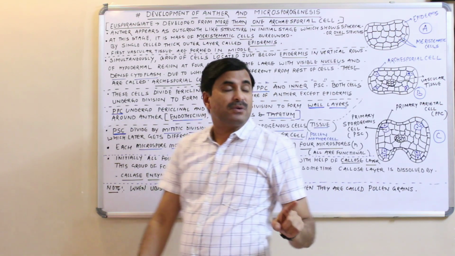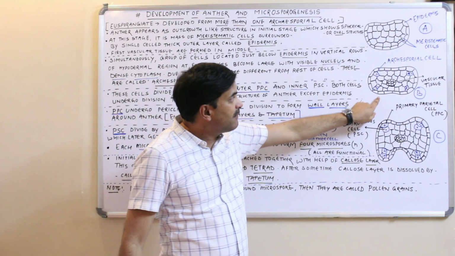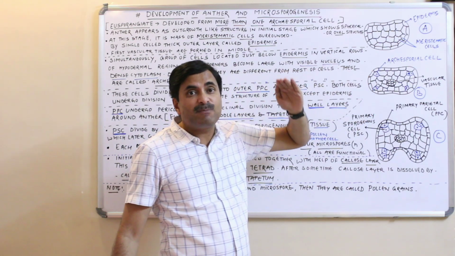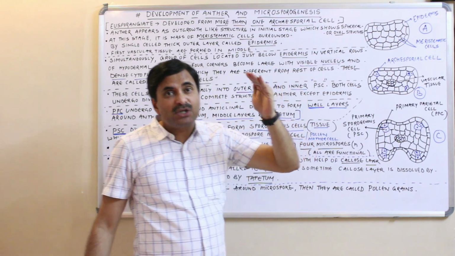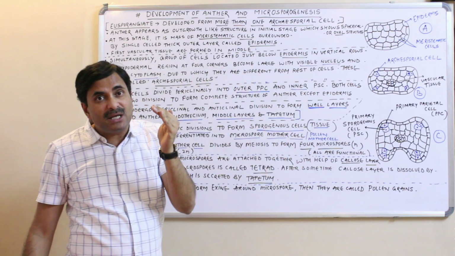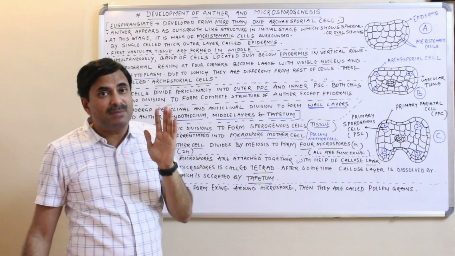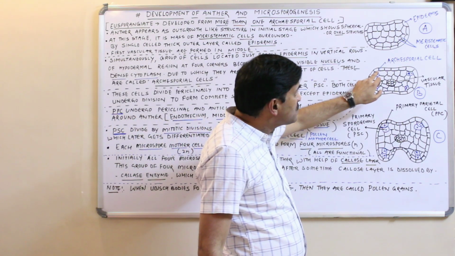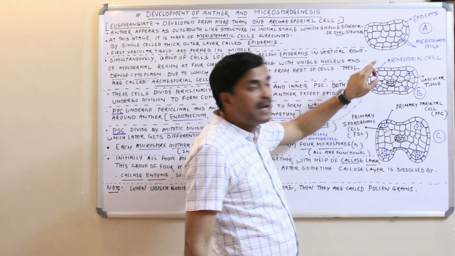Okay. Now just view diagram number 2. Now you must know what the hypodermal region is. The region present below the epidermis is the hypodermal region. So you have to concentrate on the region just below the epidermis.